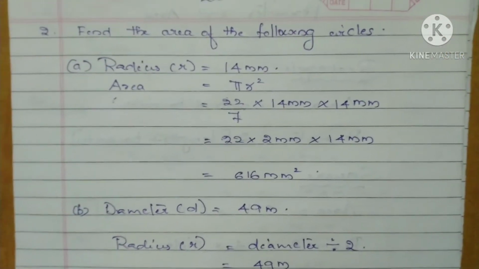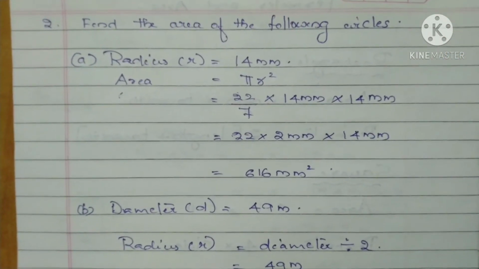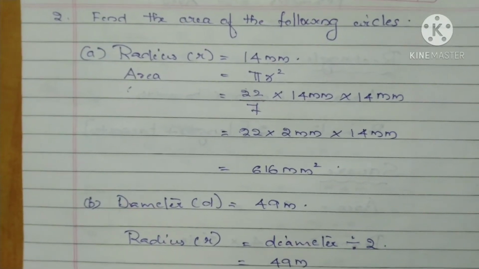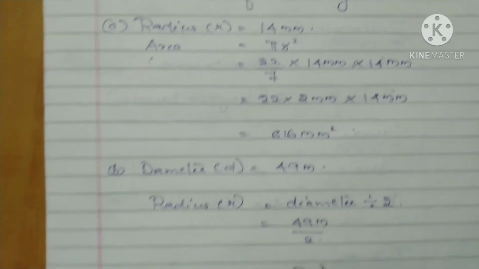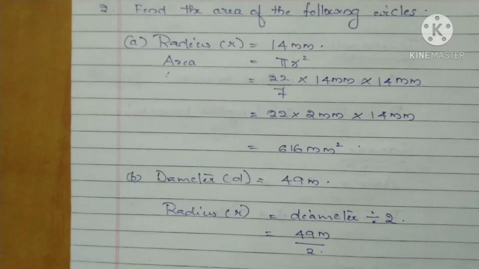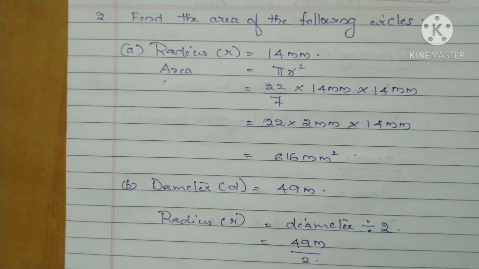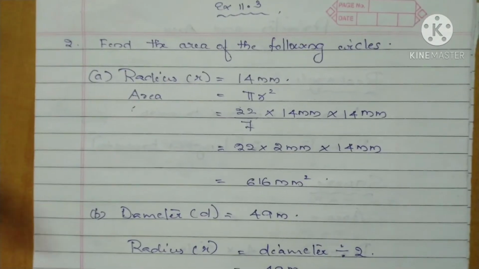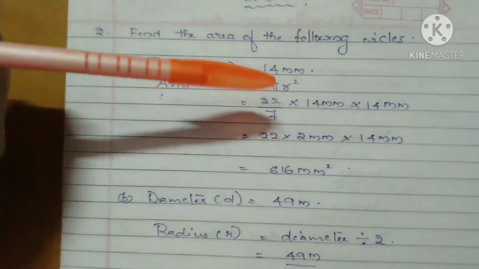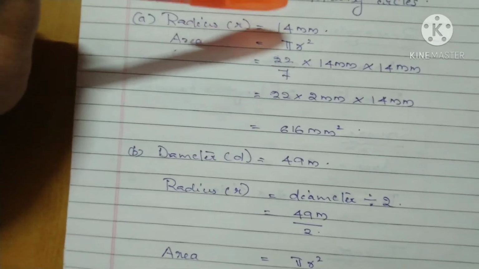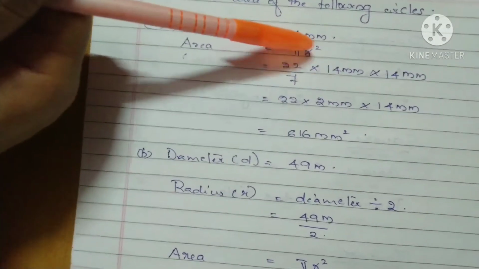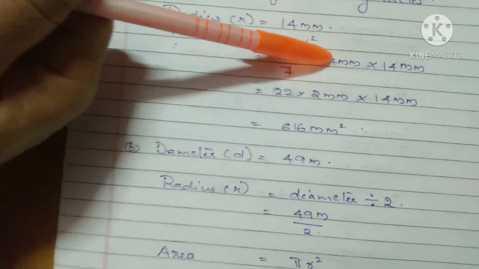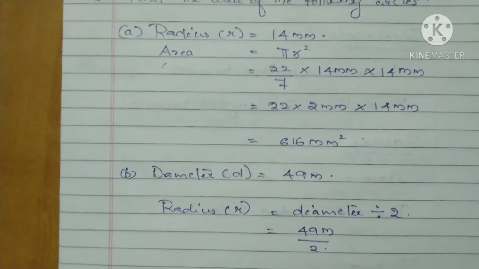Now question number 2. Find the area of the following circle. In question A, radius is given, 14 millimeter. To find the area, we write the formula, pi r square. The value of pi you know, 22 upon 7. r is 14 millimeter, so r square is 14 millimeter into 14 millimeter.